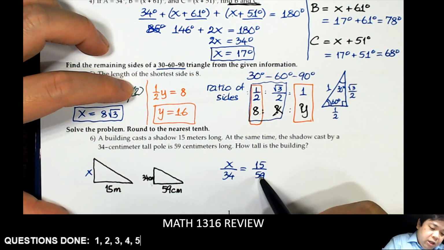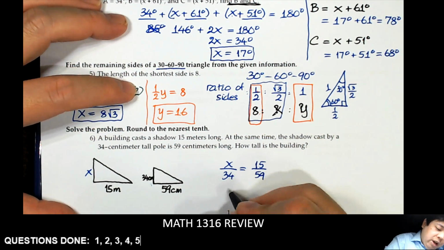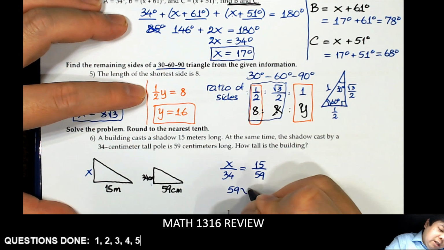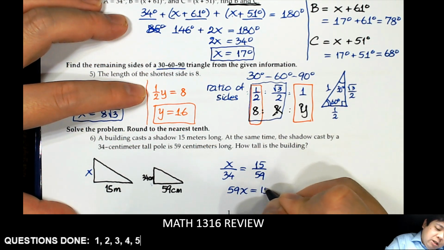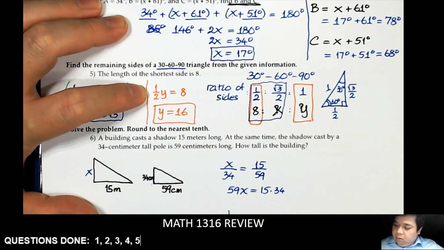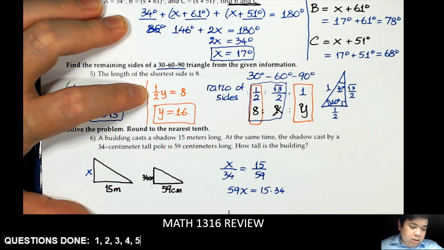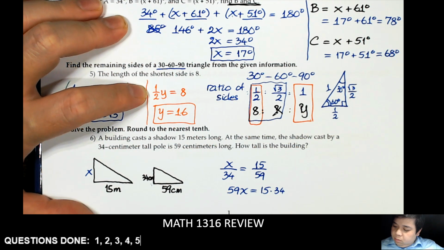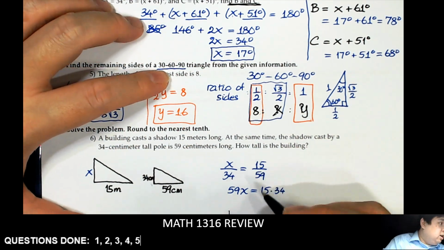Cross multiply, we have 59 times x equal 15 times 34. 15 times 34 is 510.